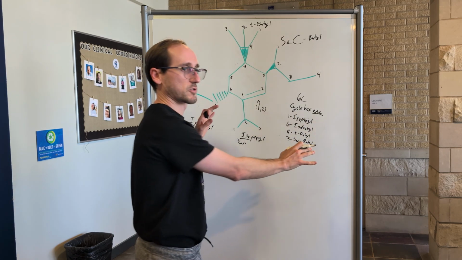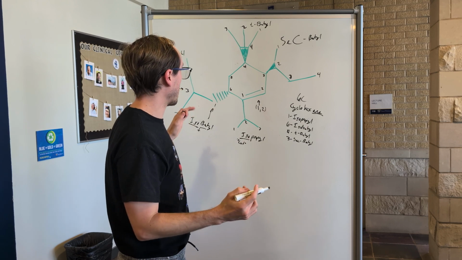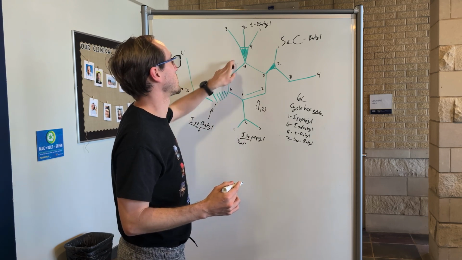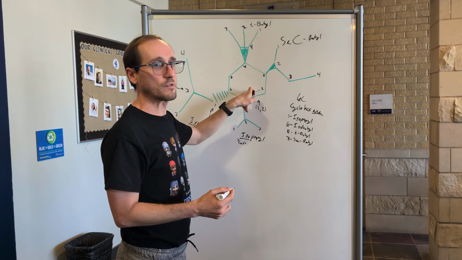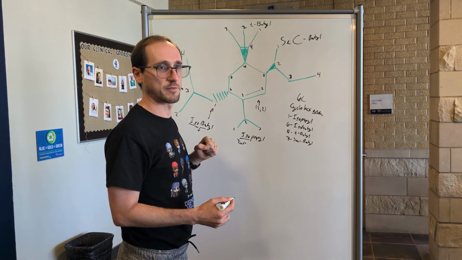So I've got those substituent groups. Now I have to figure out what my R's and S's are for this. If it's inside of a ring, you do not do E or Z.